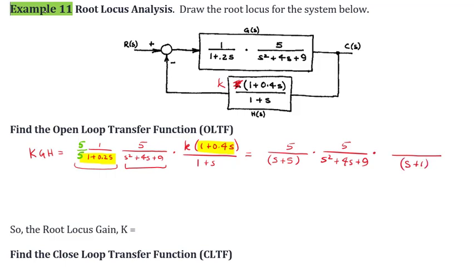And then the numerator, if I factor out that 0.4, I'm going to have k times s plus 2.5 and then a 4 out front.